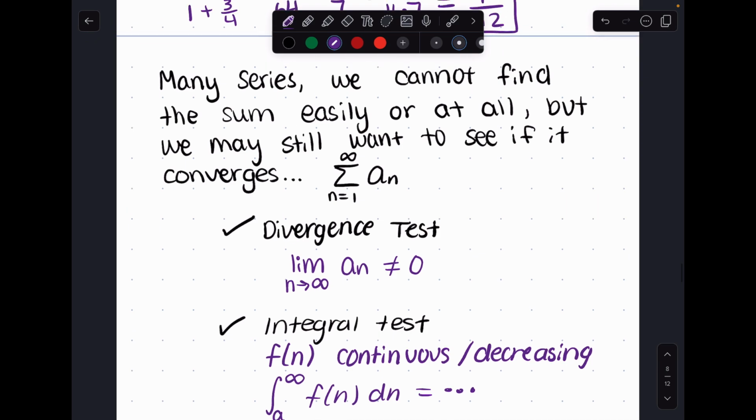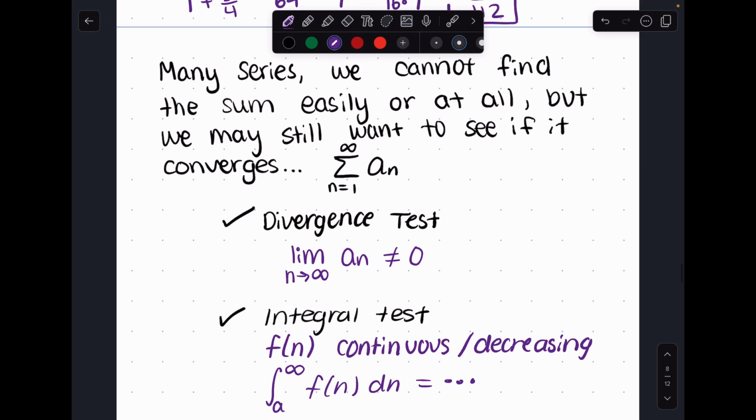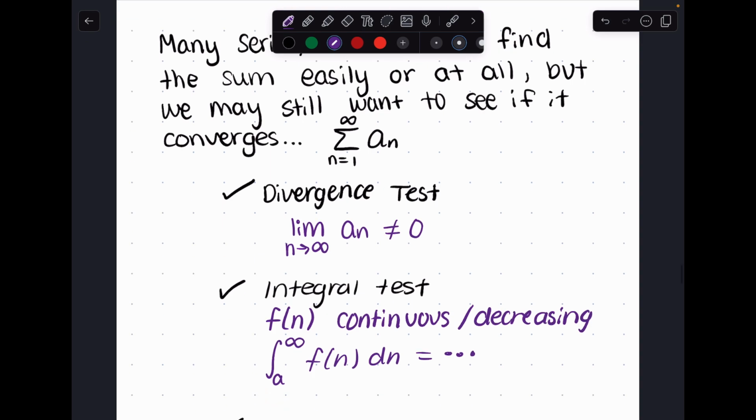All right. Well, many series, we can't actually find the sum very easily or at all. But we still might want to see if it converges. So we have some different tests that let us know if the series converges or diverges. They don't find the sum of the series, but they determine if the sum exists.